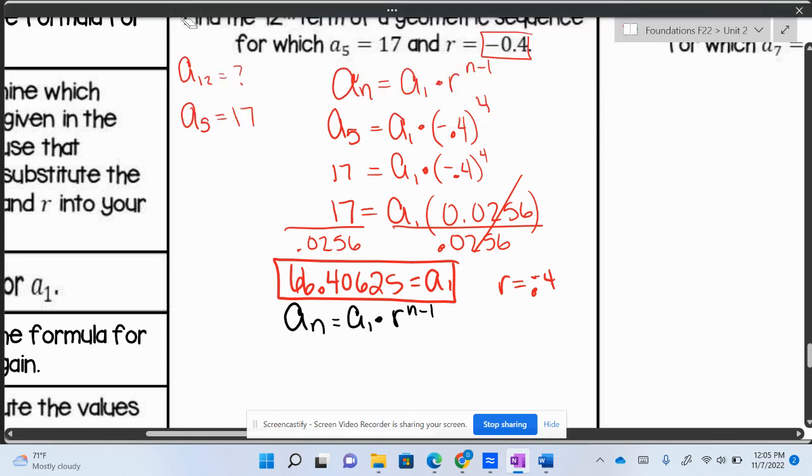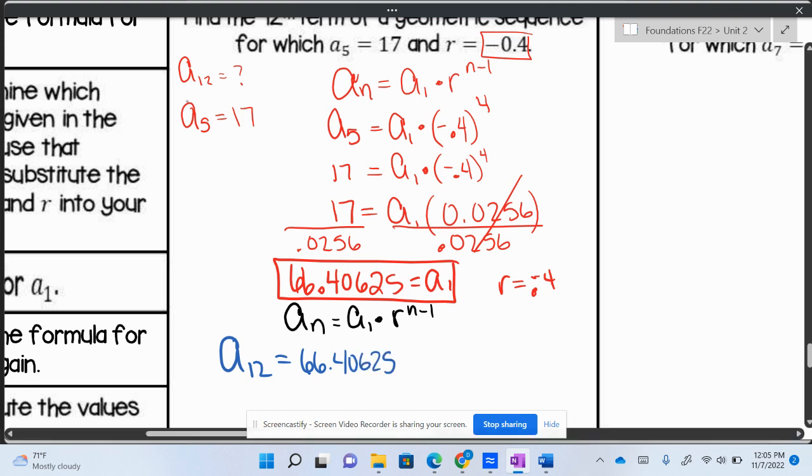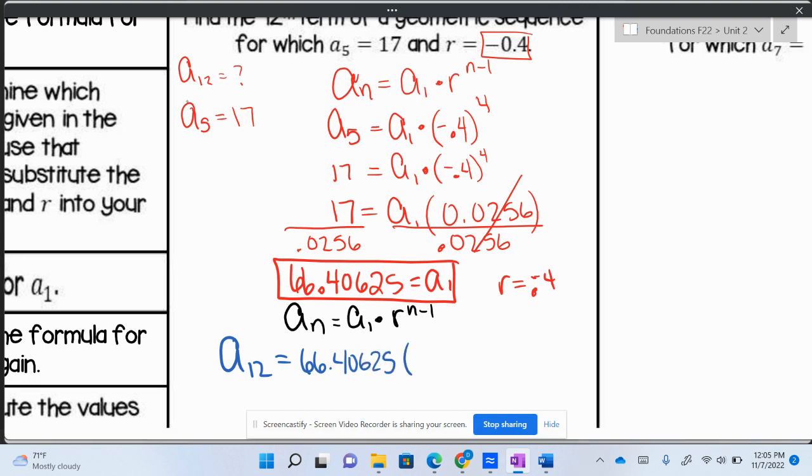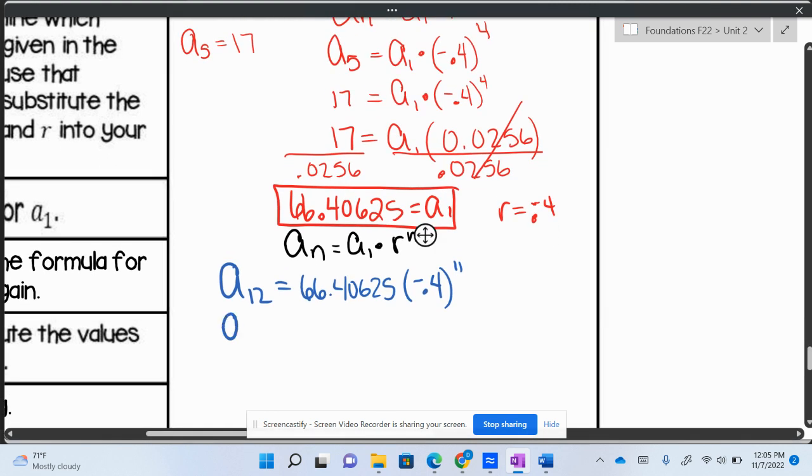So a to the 12th equals, well, we just figured out what the first term is, 66.40625 times, well, negative 0.4 is my r. And what is 12? If 12 is n, what is n minus 1? 11. So it is.